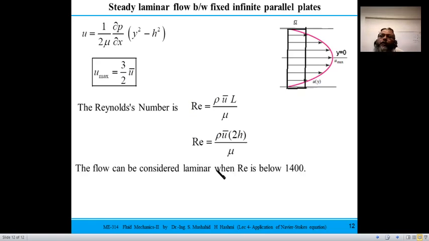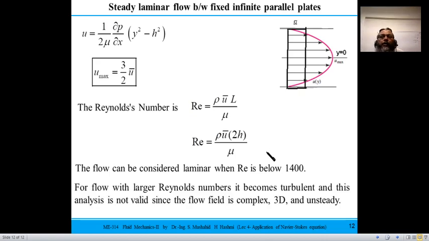Here we have the laminar case, because our assumption is laminar here. So if you calculate the Reynolds number by putting the density and average velocity and the distance between the plates and the viscosity, if this number is less than 1400, we will assume it laminar. Otherwise, it would be turbulent or becoming turbulent.